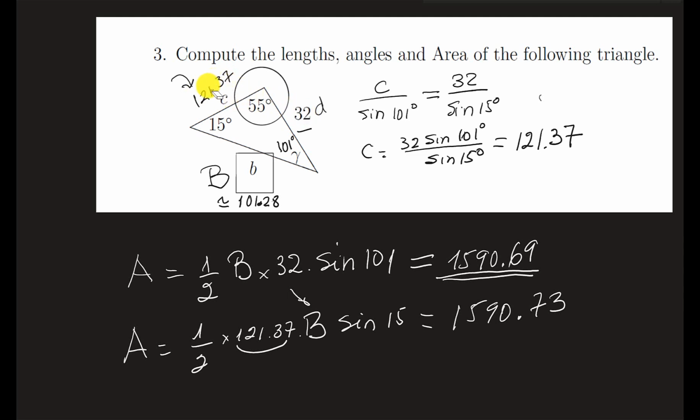Since I'm not sure of this number, this is an approximation, and this is also, but instead of this number, I have 32, which is exactly the measure of this side. This is not exactly the measure of this side. See the difference of the same problem with the same kind of formula using different sides.